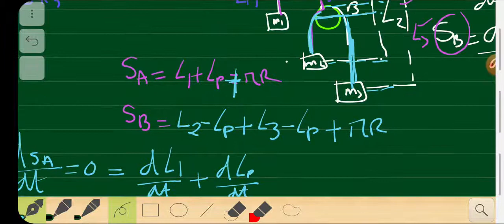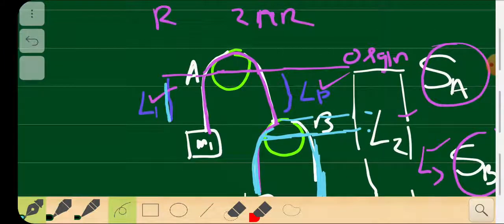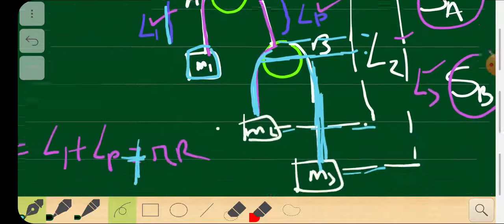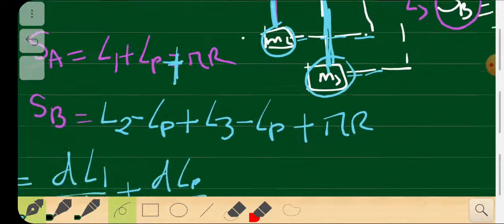So what is dL1 by dt? L1 is this length, for the mass m1. That is just the acceleration of mass m1, right? So dL2 by dt will be the acceleration of mass m2, and dL3 by dt will be the acceleration of mass m3.